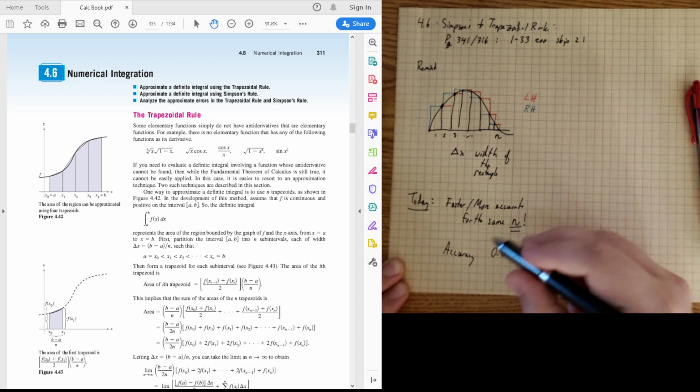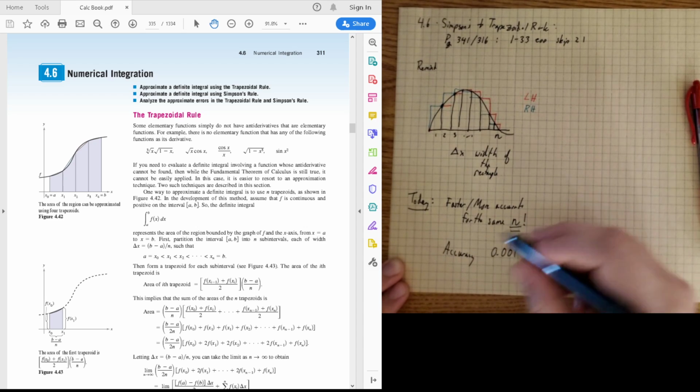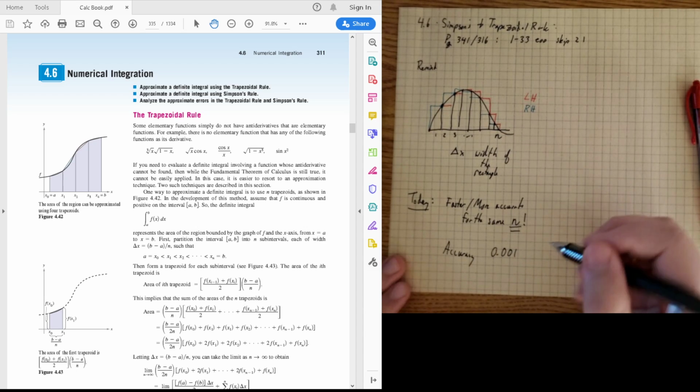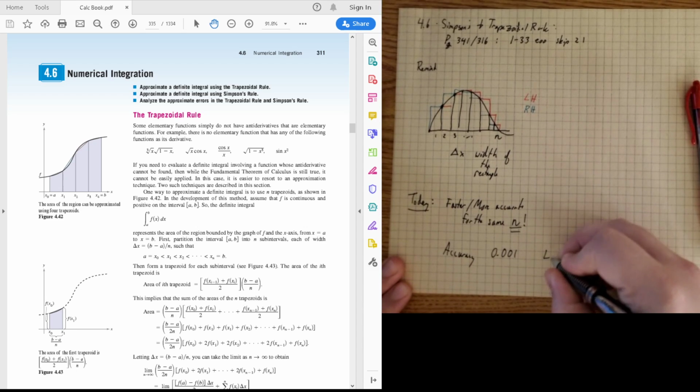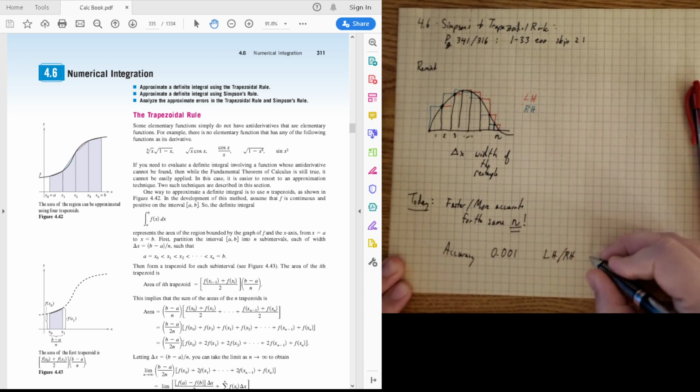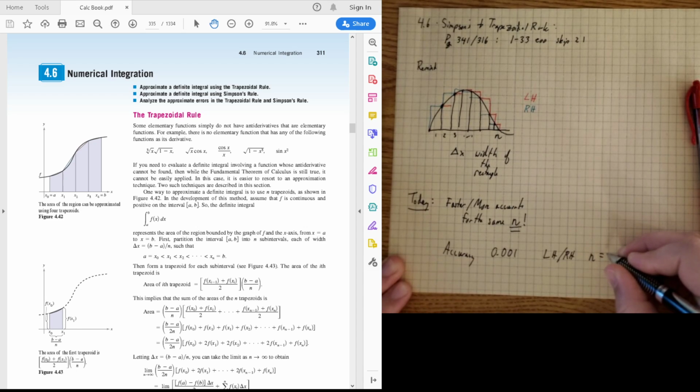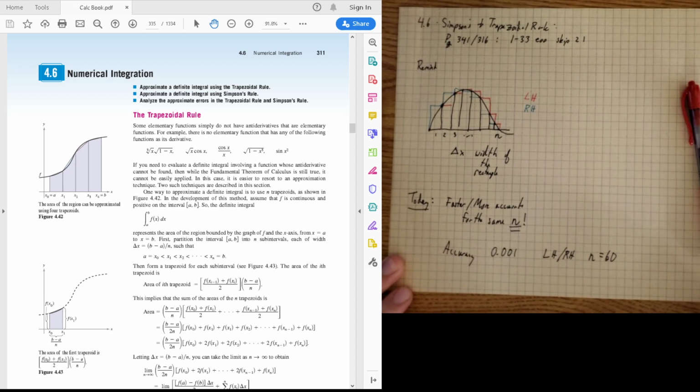That's actually reasonable for mini designs, although you're more likely to get into the hundredth of an inch category. If you want to do that with the left-hand and right-hand rules, you might have to go to n equals 60, which is big. If you're doing it by hand especially, that's a pain.